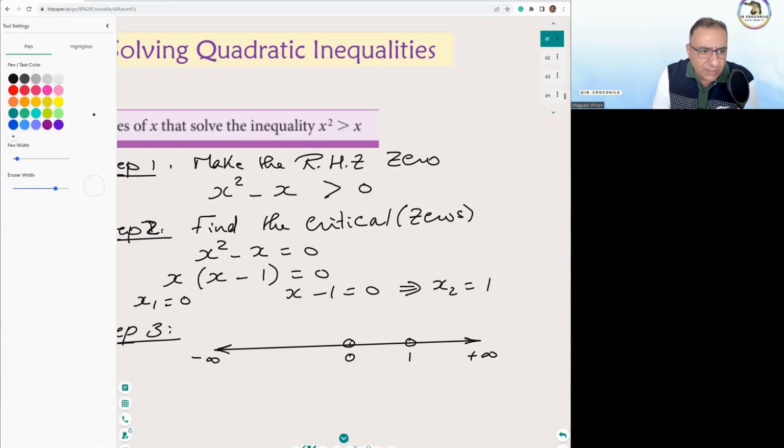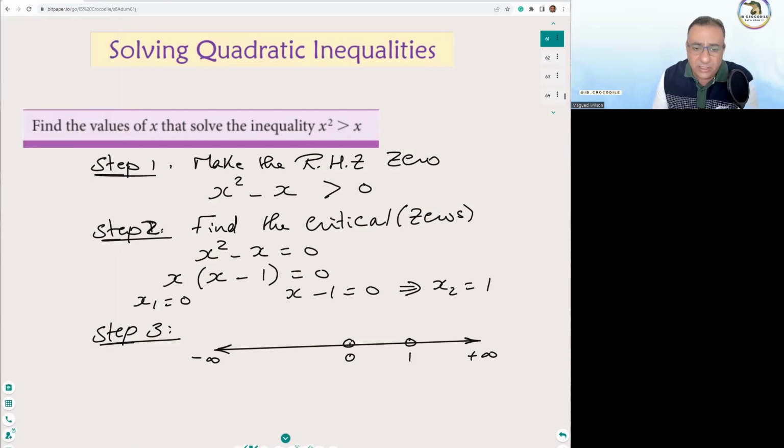What I see now is that the number line is divided into 3 regions, with the critical points 0 and 1. Now we have region 1, region 2, region 3 on the number line, and we can build what we call the sign chart.